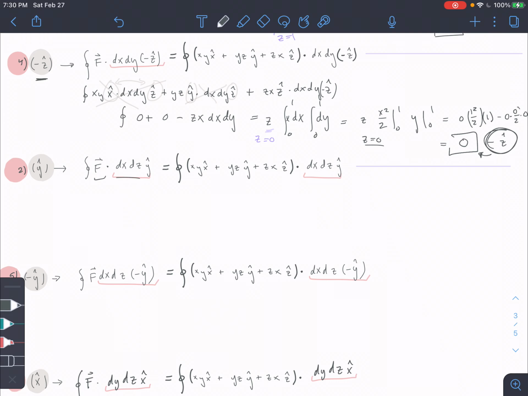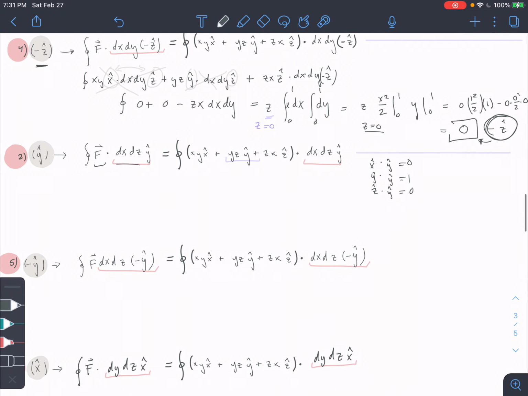We're going to do the same thing first. We're going to try to cancel out our components. So the only thing that's going to survive is this yz y hat, because when we do the rest of these, x, y, and z, all the perpendicular dots are going to cancel. So y dot y equals 1, z dot y equals 0. Okay, so let's cancel those out right away.